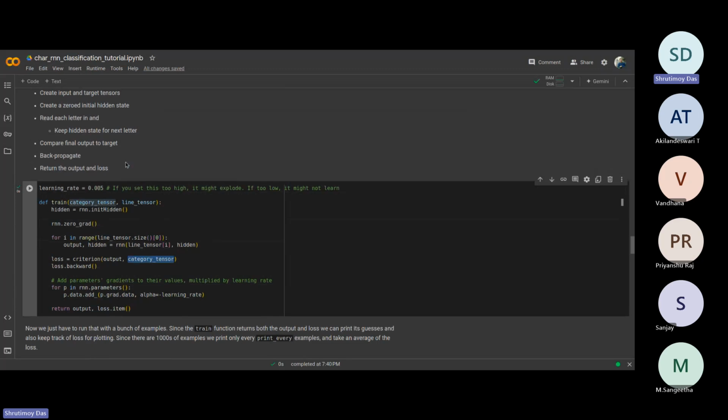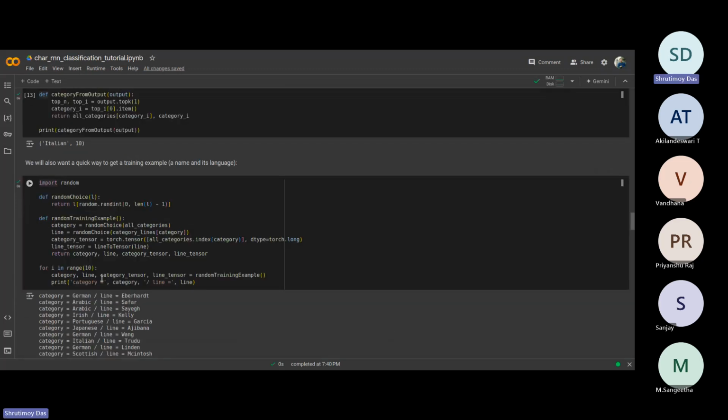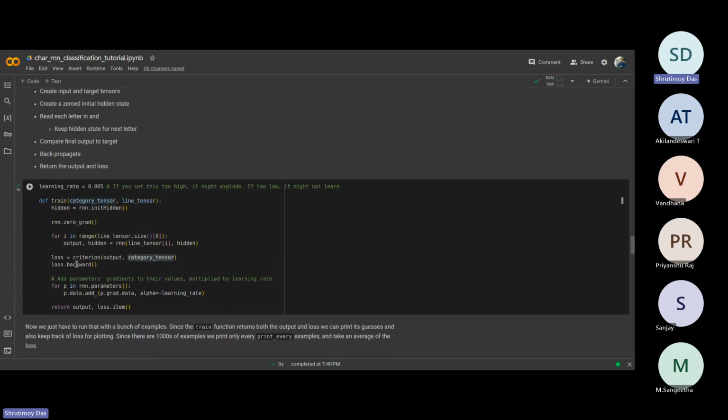So the category tensor was defined in this case, what will be the categories for each of the training examples, and based on this it will create the loss, right? And now after creating the loss, we know the next step is back propagation, so recompute the output. That back propagation is done by this backward call that you have.